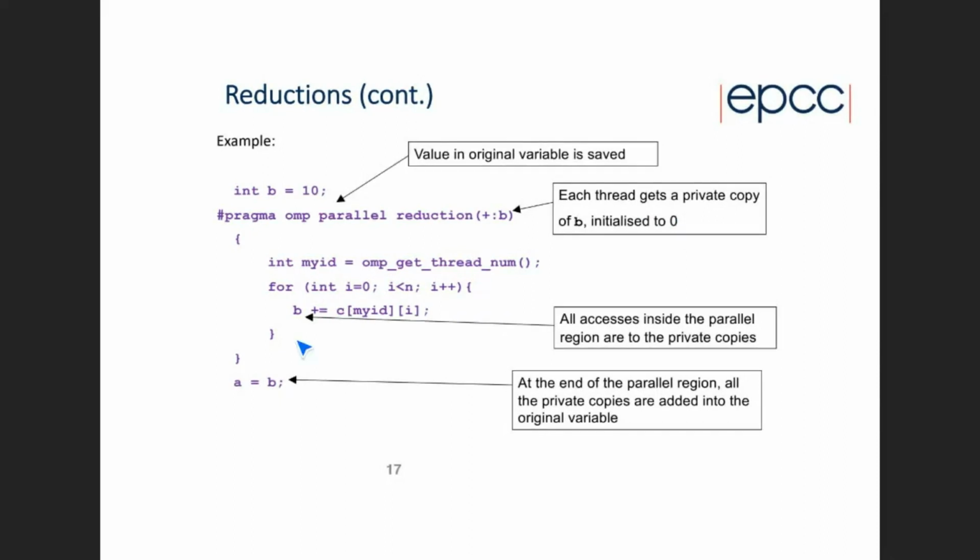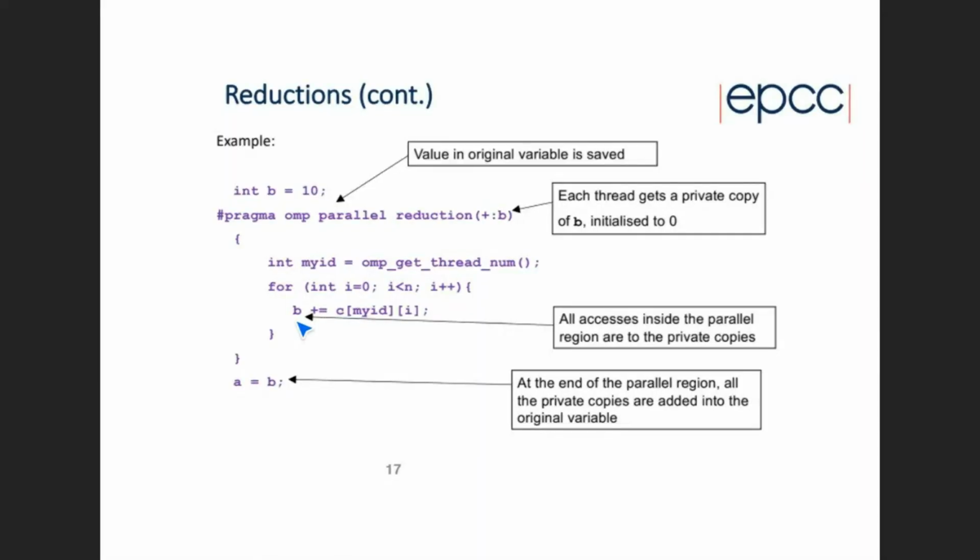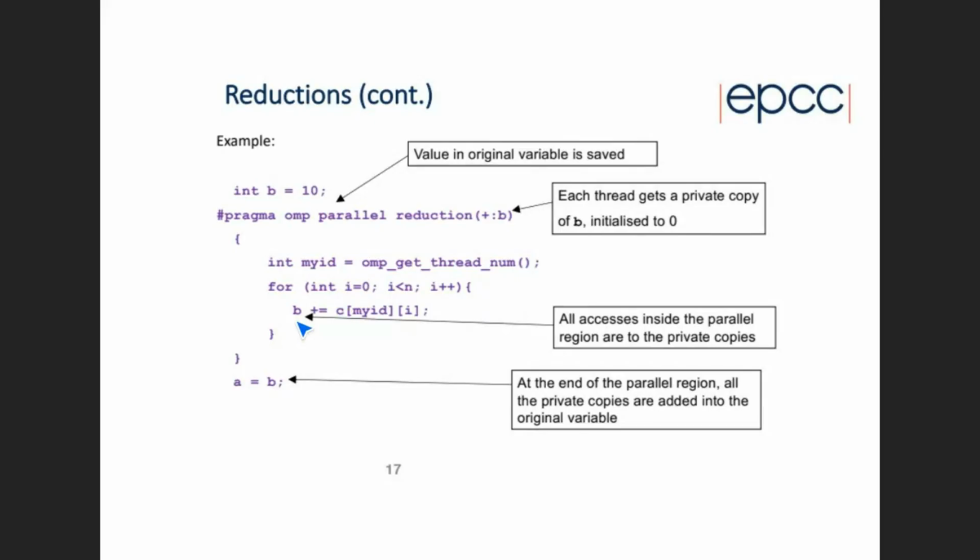Then all the accesses to that variable inside the parallel region refer to those private copies. And there's actually no restriction on what you do to them. Just because you've declared them with addition here doesn't restrict what you're allowed to do to those private copies. You can use them as you like and store anything you like in them.